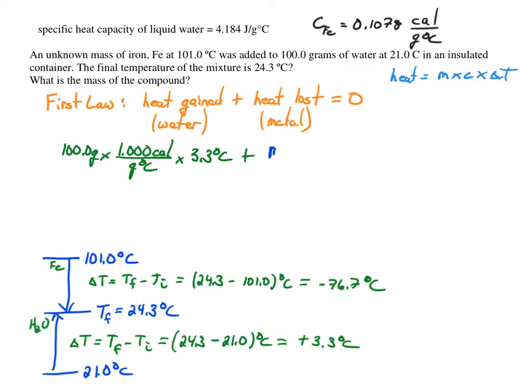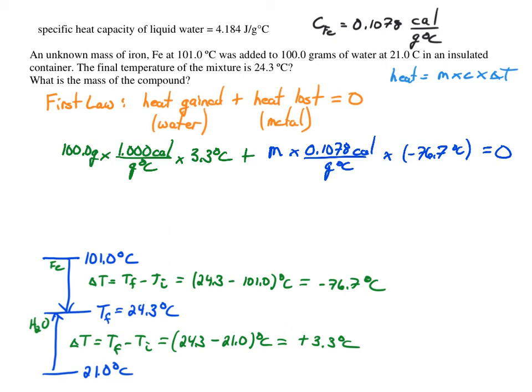And here we have the unknown mass of the metal and its heat capacity in calories, and this is iron, is 0.1078 calories per gram degree C. And our delta T, as we've determined below, is negative 76.7. And these sum to 0.